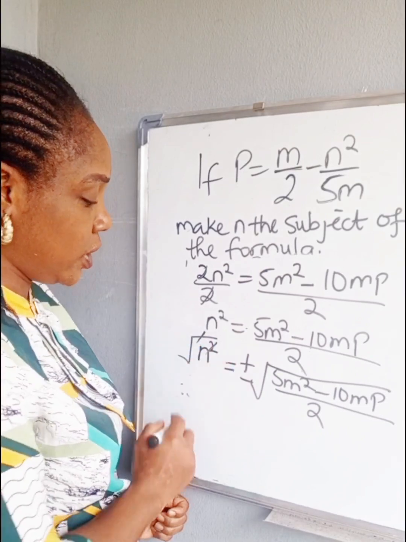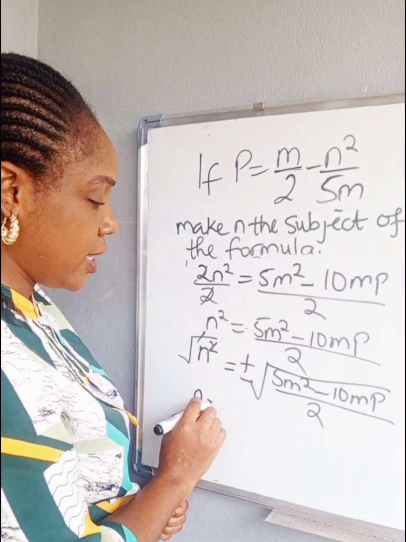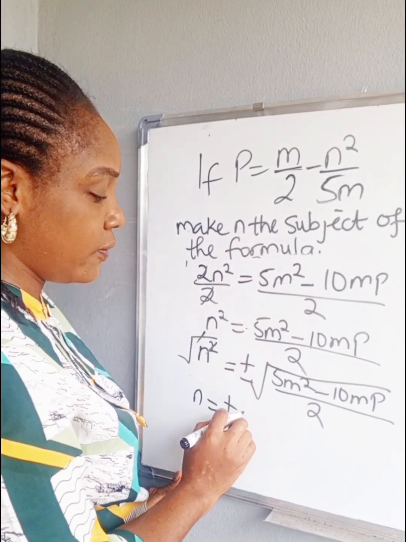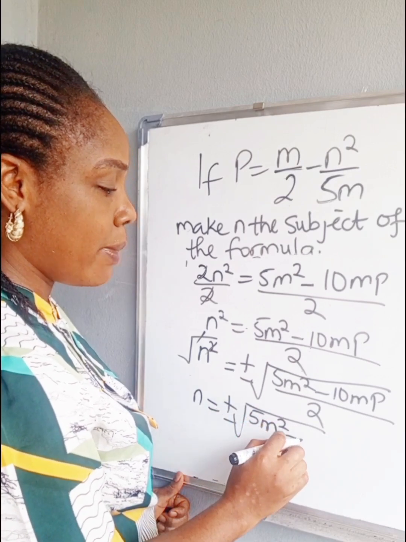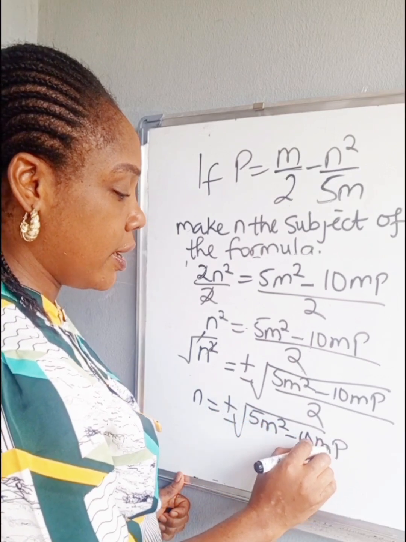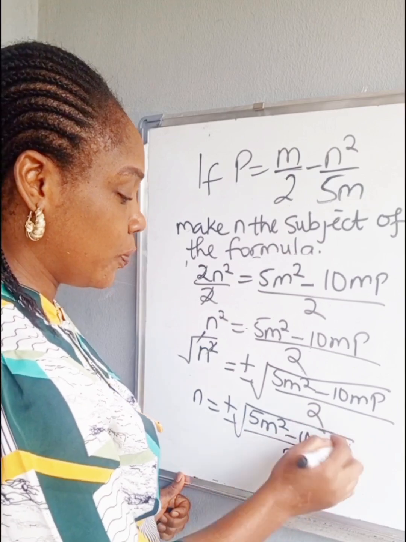This is going to cancel this. So we are left with n is equal to the positive and negative square root of 5mn minus 10np all over 2.